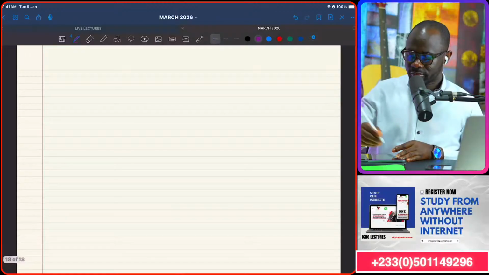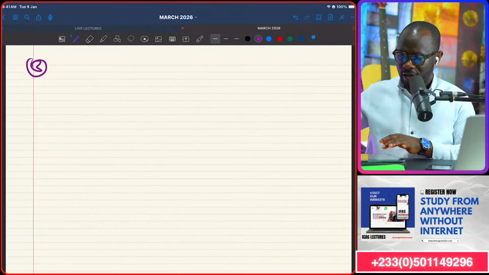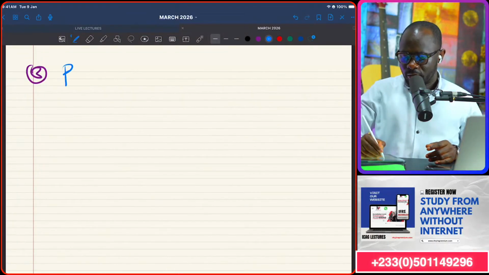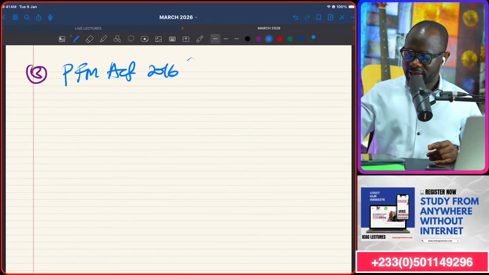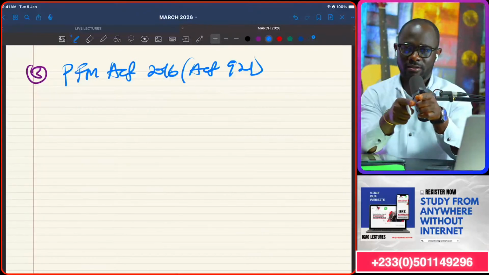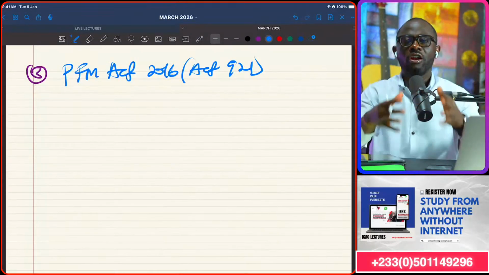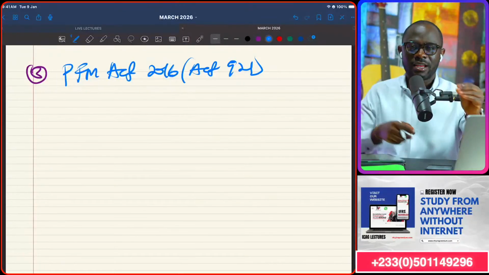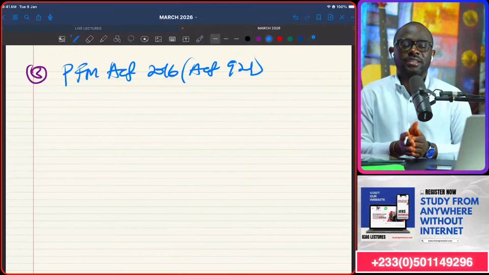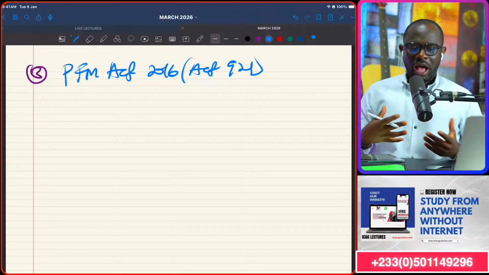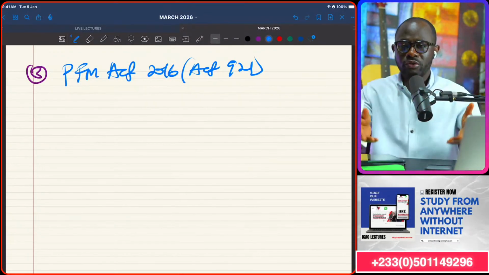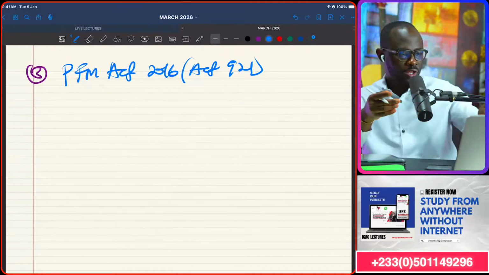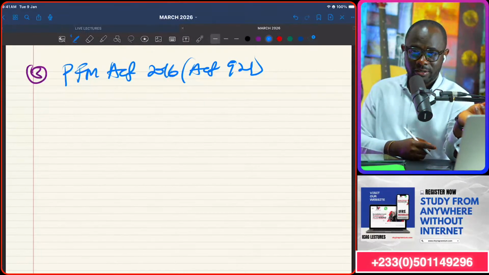Number 3 area that you have got to be mindful of is the Public Financial Management Act 2016, Act 921. There are a lot of things in the act that you are going to see in the exam hall. So, as part of the documents that you are going to be using in studying, you must download this act.